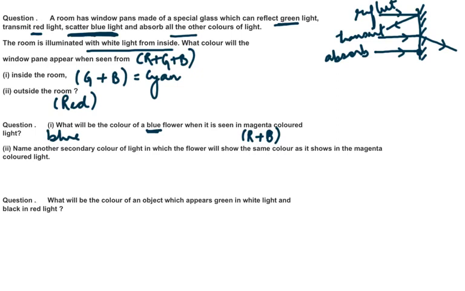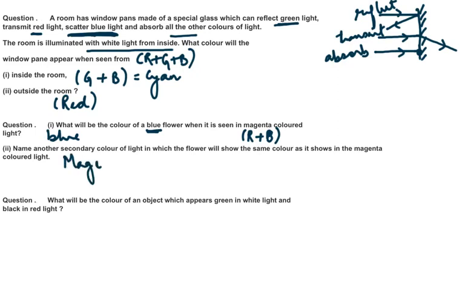See the next part. Name another secondary color of light in which the flower will show the same color as it shows in the magenta colored light. What is the meaning of this question? This means we want to see the flower as blue only. Okay, but we want to give it some other light. Okay, now let's see which secondary colors are having blue.